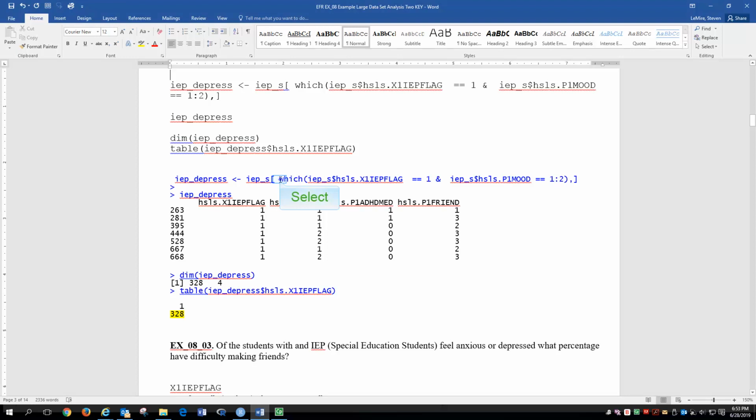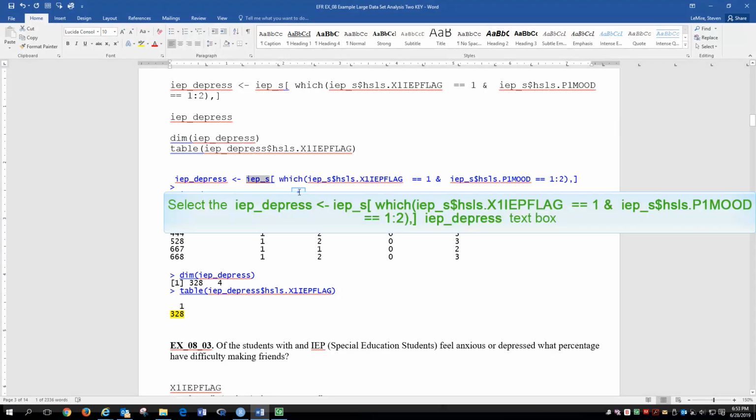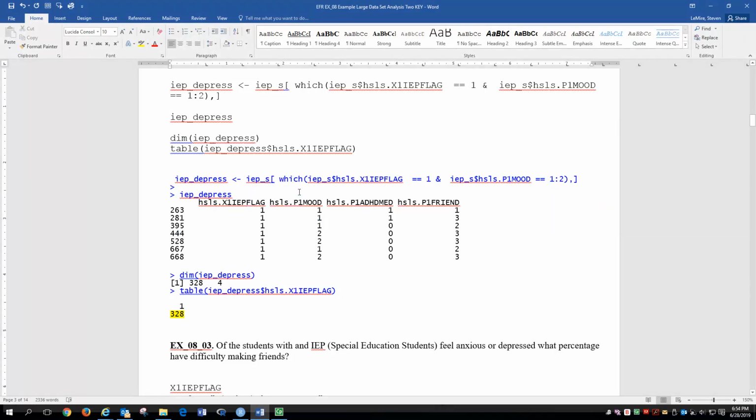Okay, we're using our which command. Now again, remember that's very important to us. That's like where in SAS. So I take my IEP S data frame, and I'm going to come in here with the square brackets, and I'm going to say which IEP equals 1. That means they're special ed, and they're depressed, or in the mood.